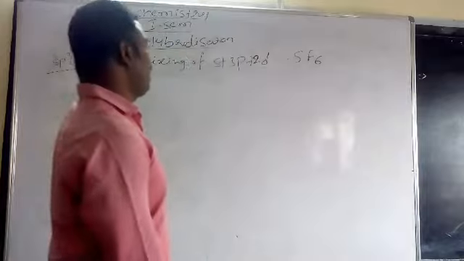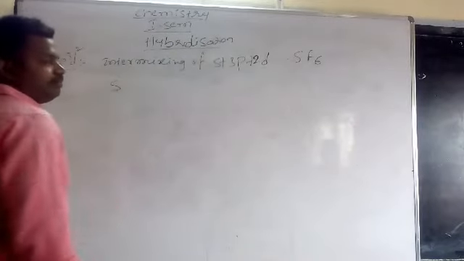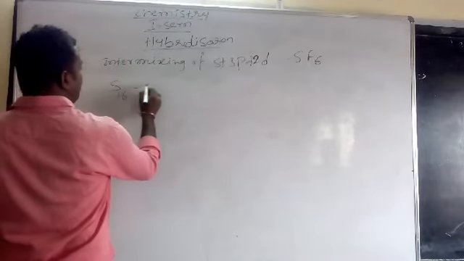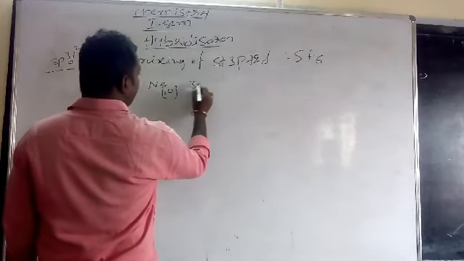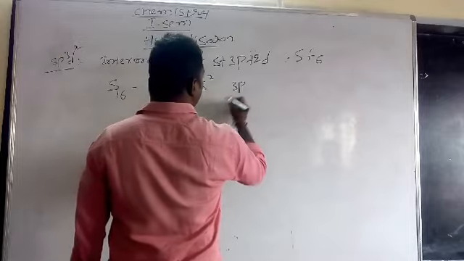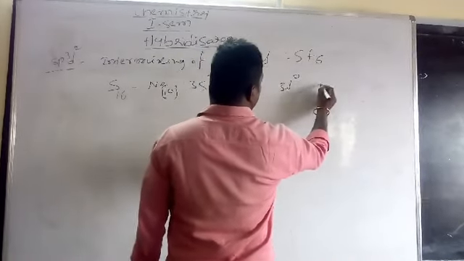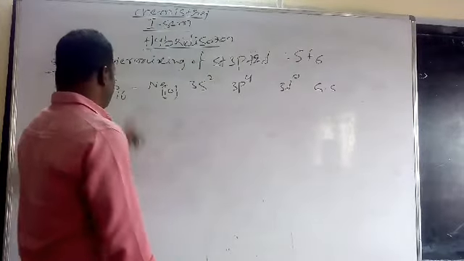So sulfur hexafluoride. The center atom of SF6 is sulfur. The atomic number of sulfur is 16. After neon, the valence shell is 3s2 3p4 and 3d0. This is the ground state electronic configuration of sulfur.